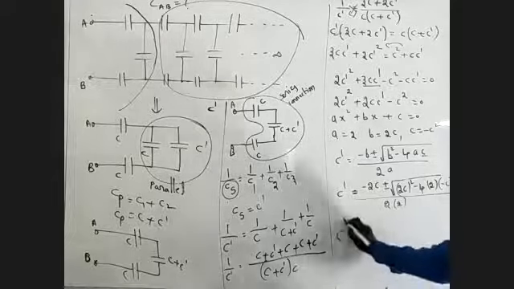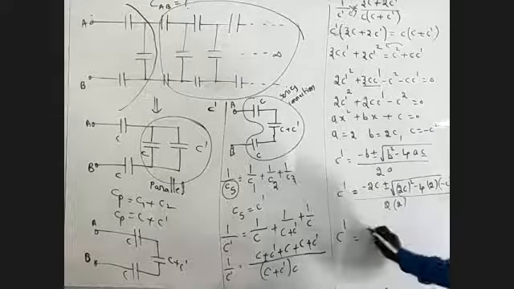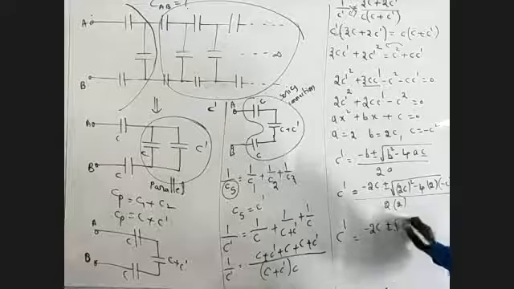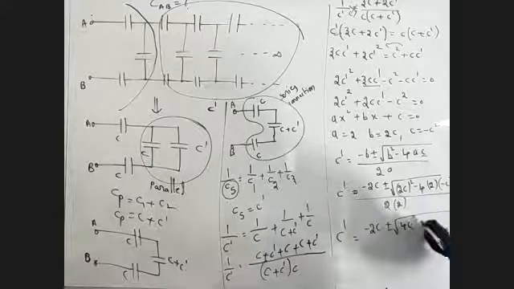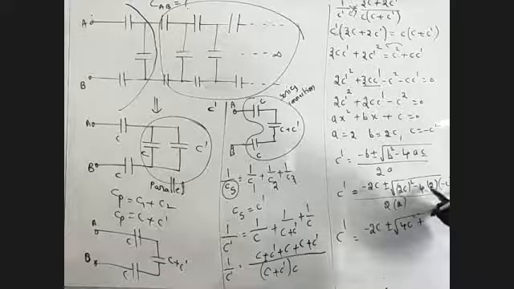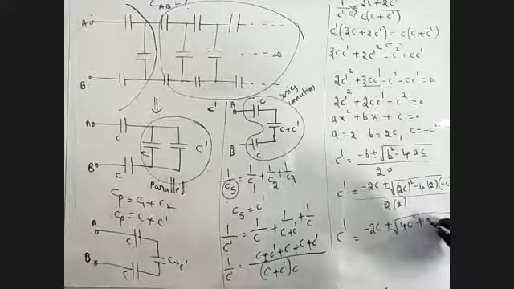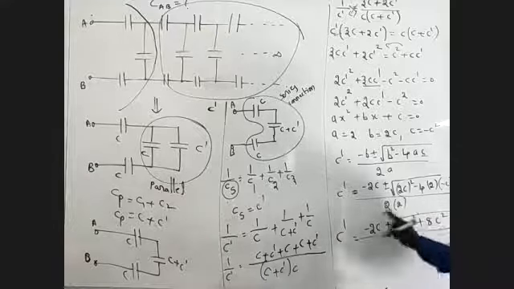Next, C' is equal to minus 2C plus or minus root of 2C squared means 4C squared, minus into minus plus 4 into 2, 8C squared, by 2 into 2, 4.